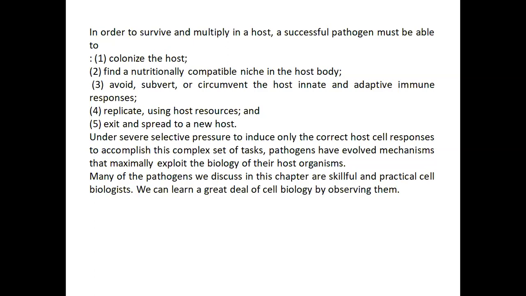All these characteristics should be there in the organisms which are classified as plant pathogens.